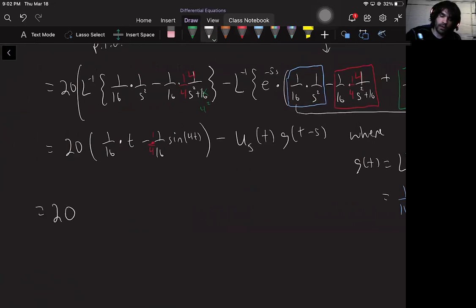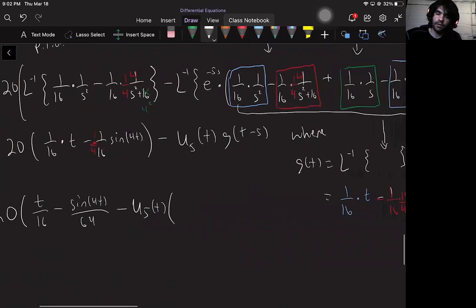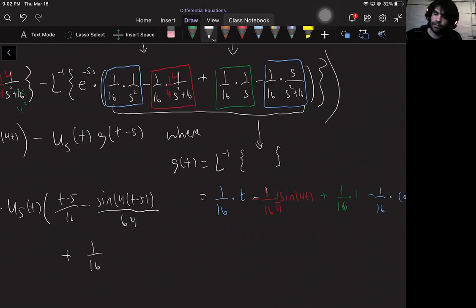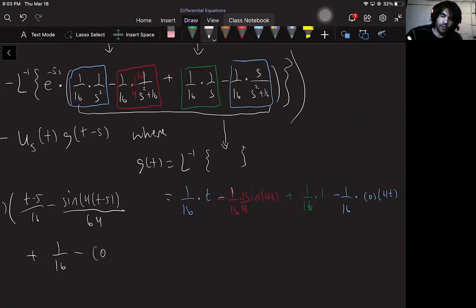All right, so let's simplify a little bit. 20 times t over 16 minus sine of 4t over 64 minus u5 of t times, now I'm just plugging in t minus 5, so this is t minus 5 over 16 minus sine of 4 times t minus 5 over 64 plus 1/16 minus cosine of 4 times t minus 5.